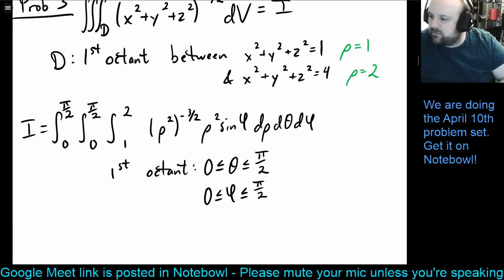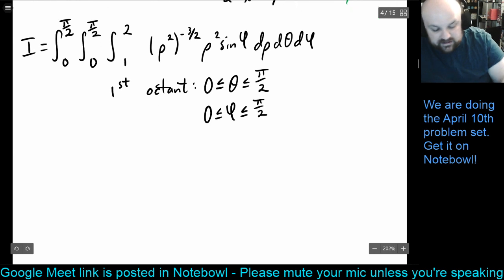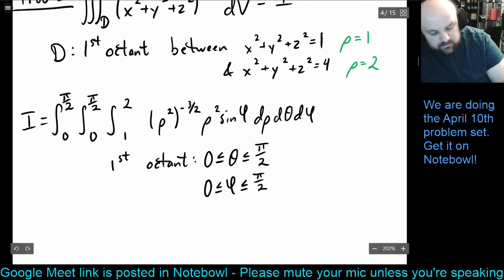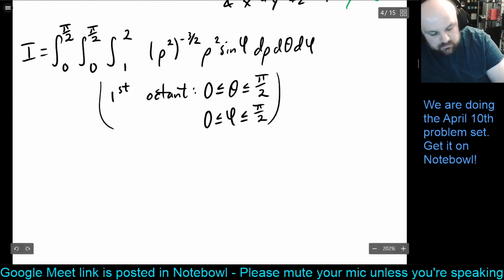So I think I'll stick with just setting up this integral here. Maybe we can simplify it a little bit. So 0 to pi over 2, 0 to pi over 2, 1 to 2.